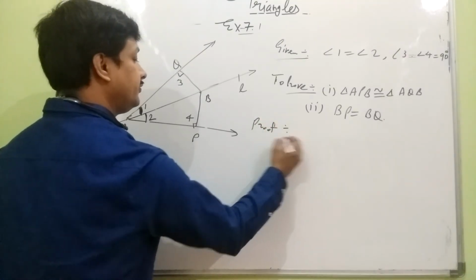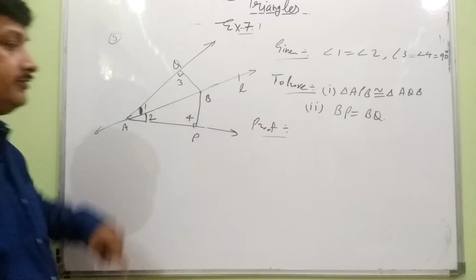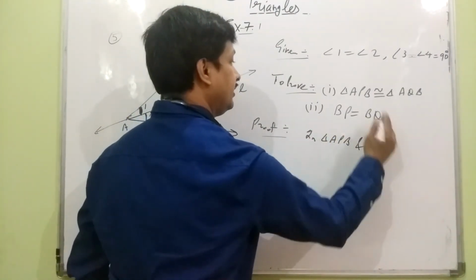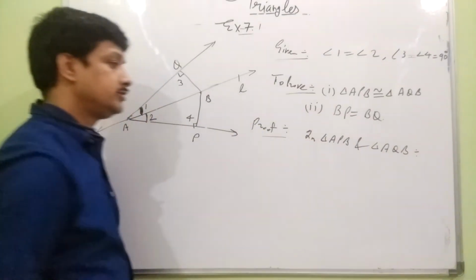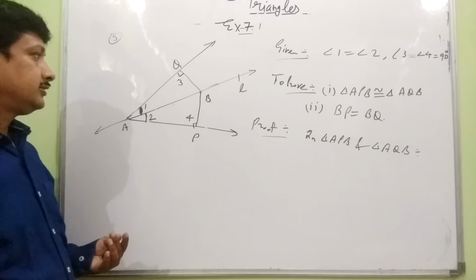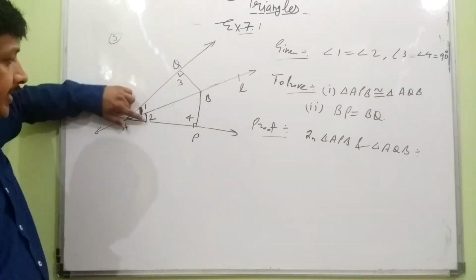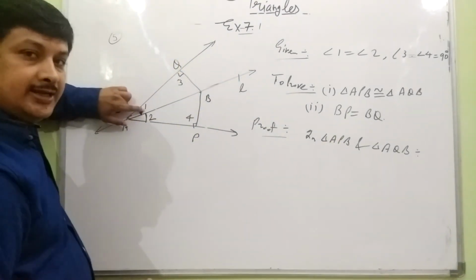You can see in the figure what the three things are in these two triangles. The first triangle is triangle APB and the other triangle is triangle AQB. So just tell what are the three things. In triangle APB, angle 2 is equal to angle 1. Why are we writing angle 2 first?